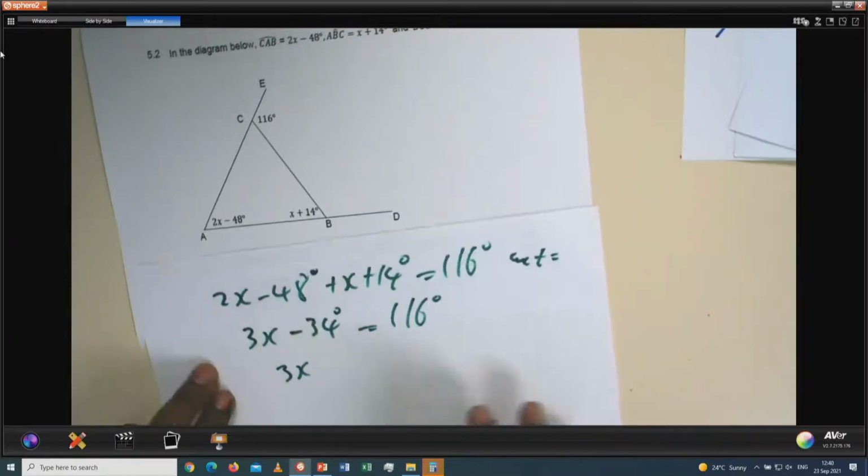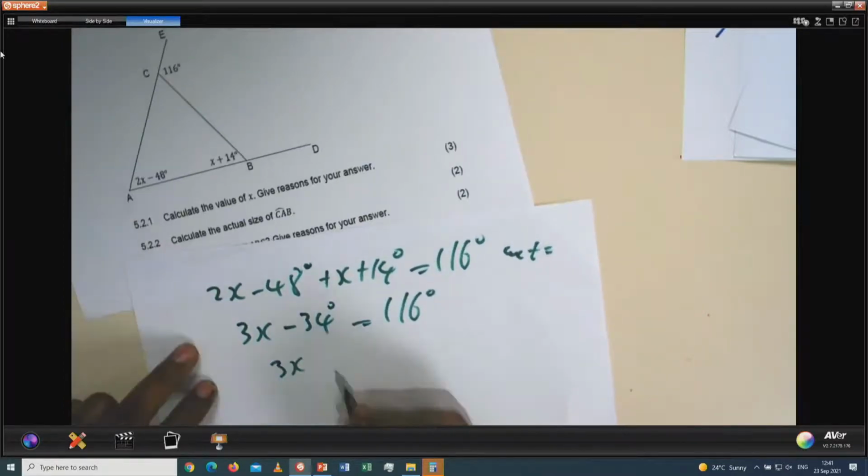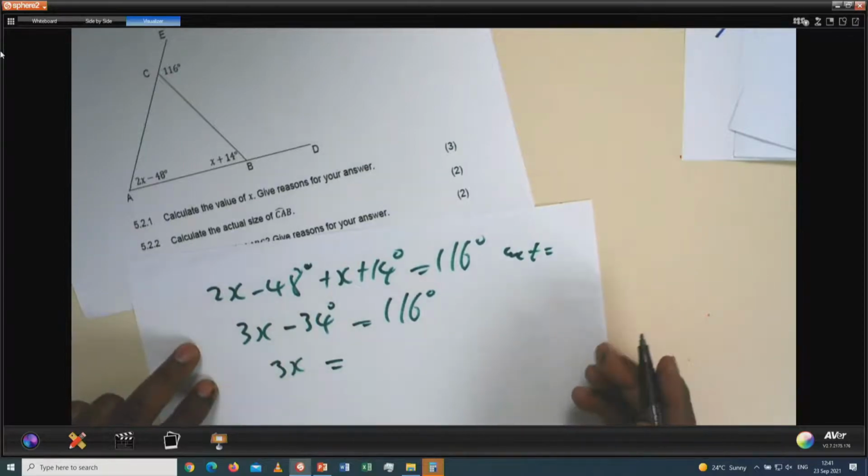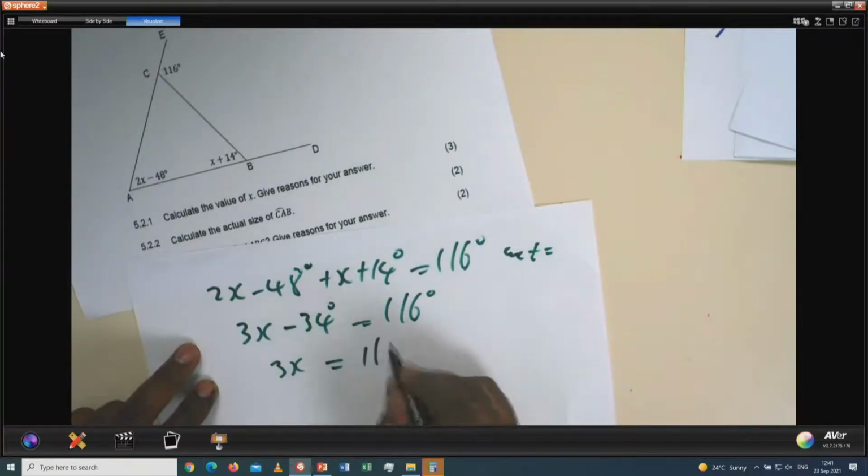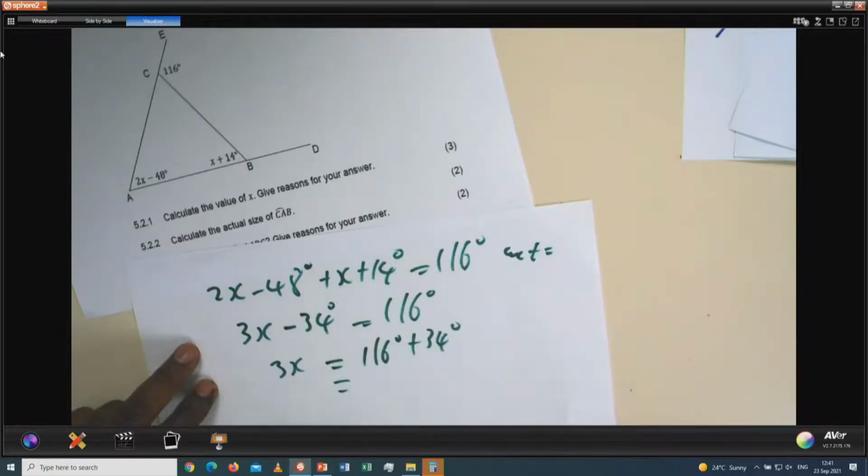3x equals, you take it to the right, 116 plus 34, and if you take it to the right, the signs change. 116 plus 34 is 150 degrees.